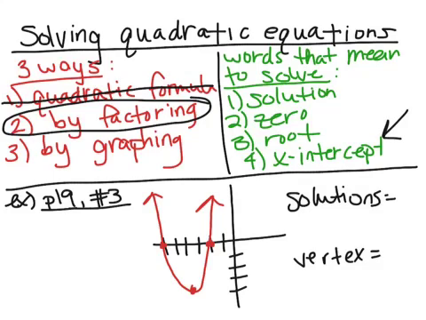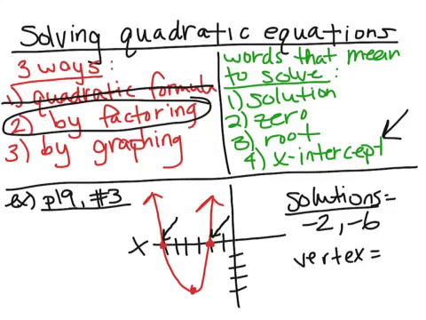So if I'm trying to find a solution, I'm trying to find the x-intercept. And the x-intercept is where your graph crosses the x-axis. So this parabola crosses the x-axis here and crosses the x-axis here. So my solutions are going to be negative 2 and negative 6.